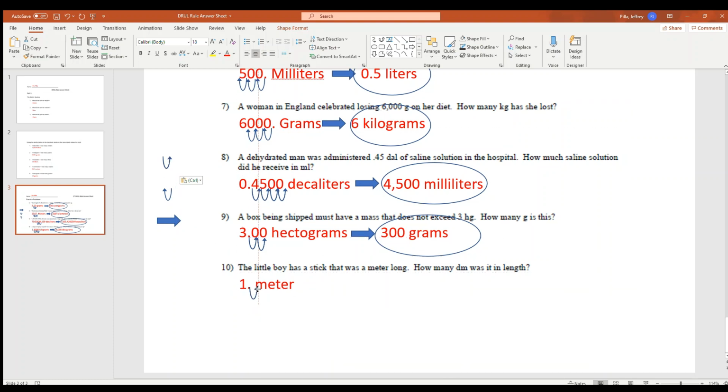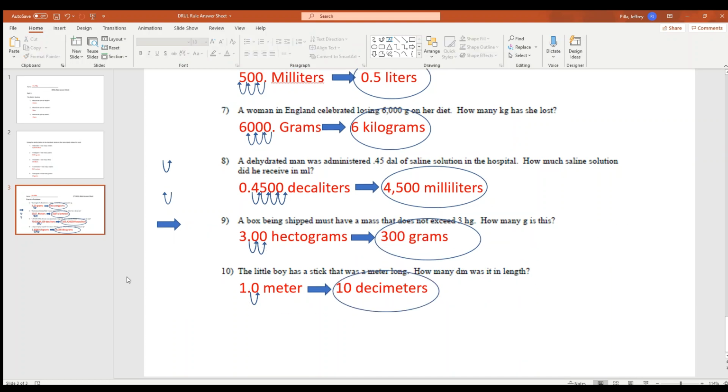So we're going to move it once. Because there's no numbers there, I'm going to add a 0. And our final answer is 10 decimeters. All right. And I'm going to put a circle around this one too.